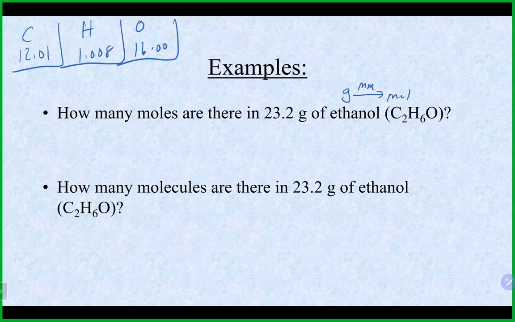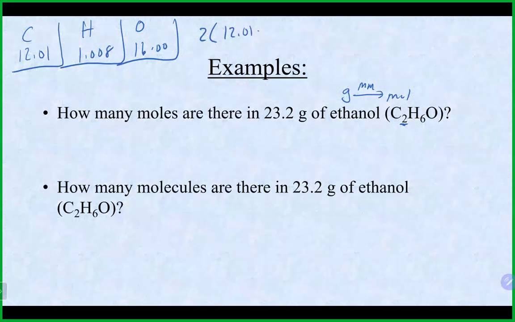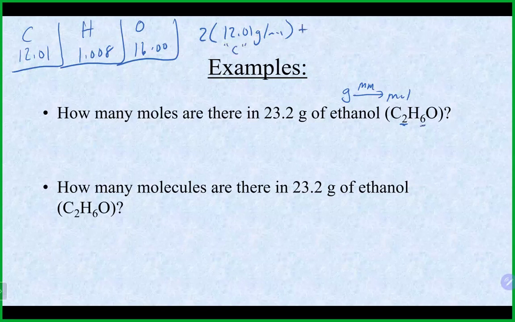We do need to just basically add up all the parts here, right? So there are in the formula here 2 carbons, so we will take 2 times the molar mass of carbon from the periodic table. That'll take care of our carbon part. We'll add it to our 6 hydrogens there are, so 6 times the molar mass of hydrogen from the periodic table. Again, that's going to take care of the hydrogen part.